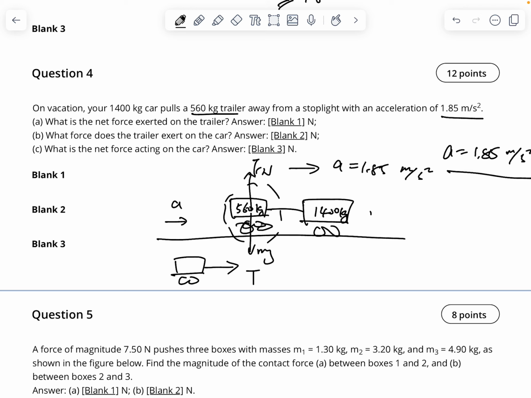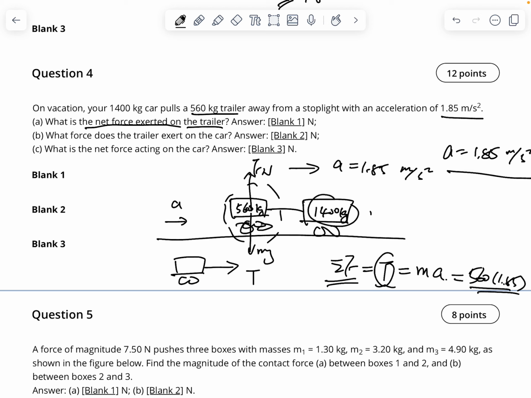So net force equals ma. The mass is 560, a is 1.85, so that's the tension and the net force acting on the trailer. What force does the trailer exert on the car? This is the tension from the car to the trailer.